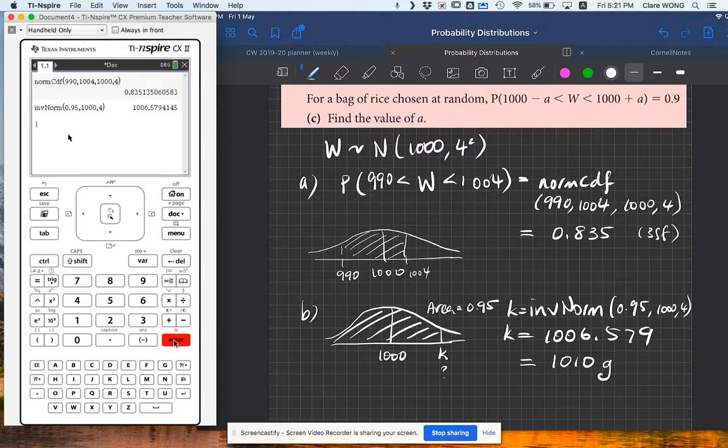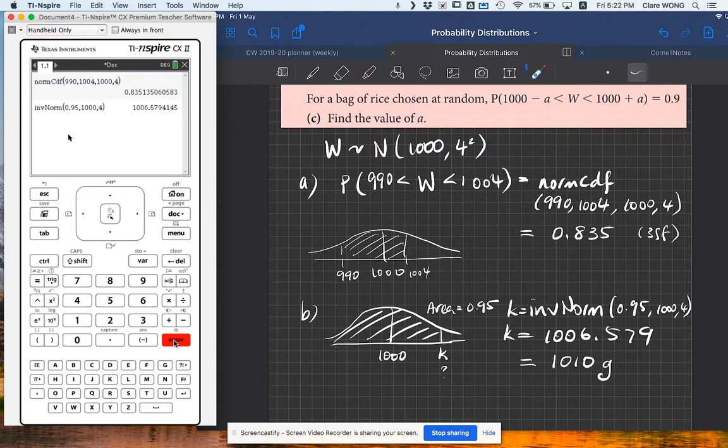Last one. For a bag of rice chosen at random, the probability of it existing between these two weights, so 1,000 take away A and 1,000 plus A, is 0.9. As you can tell, this is symmetrical because it's taking away and adding the same amount, plus or minus A. The area is 0.9.